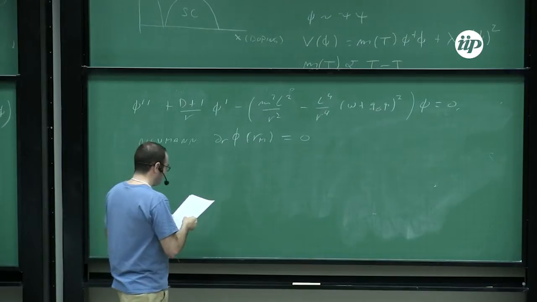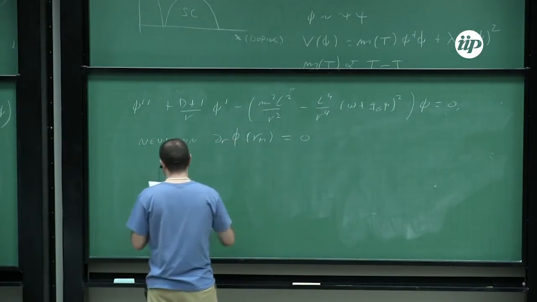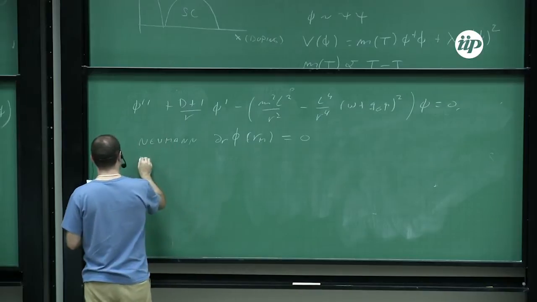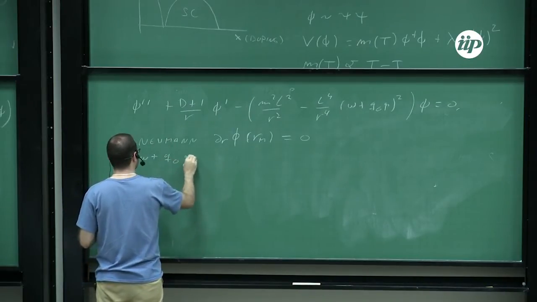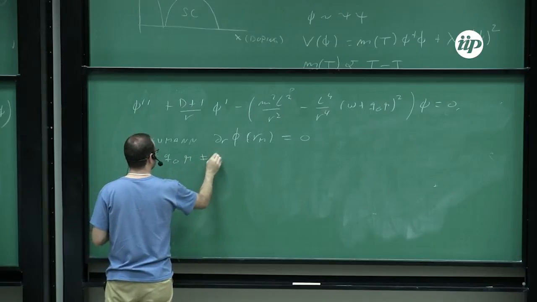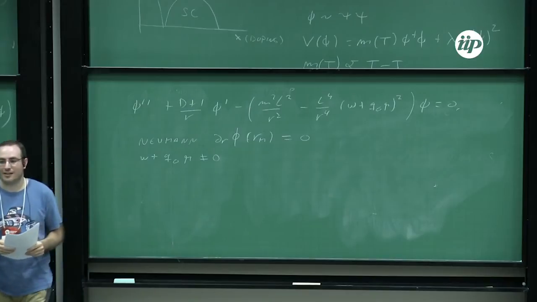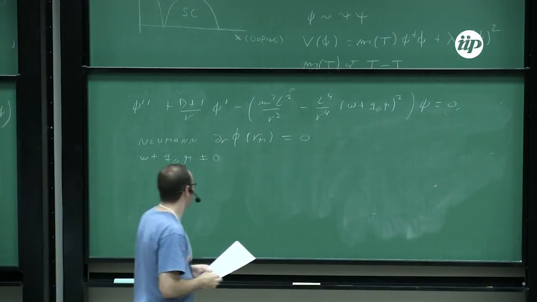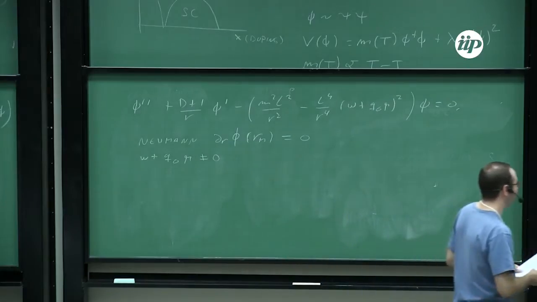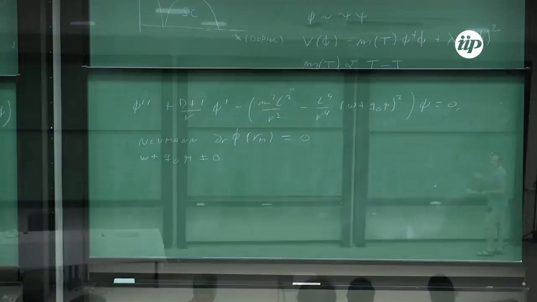Now, you can find normalizable solutions for omega plus q mu different than 0. Yes, because I'm taking AdS.